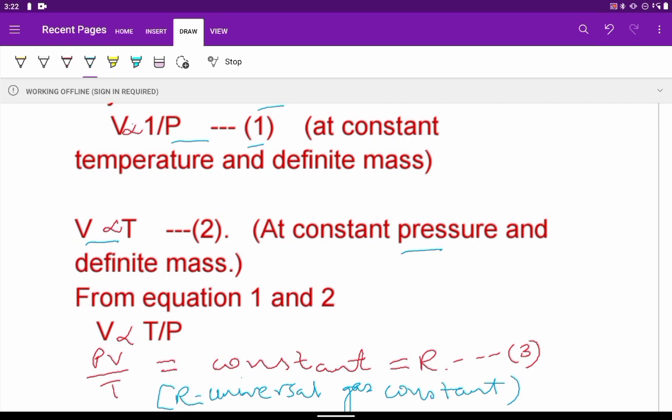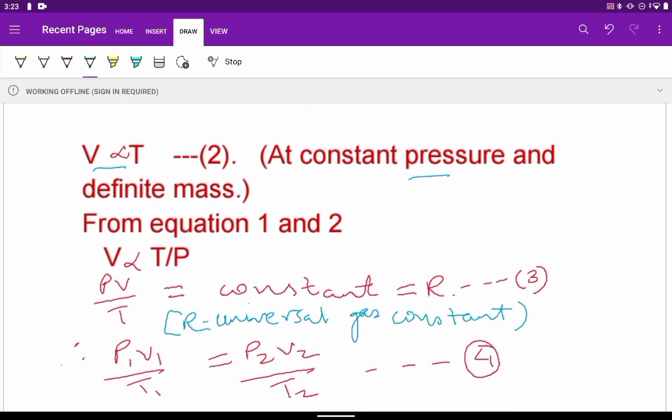Combining both these equations, we get V is directly proportional to T by P. Or we can say that PV by T is a constant, we can just cross multiply. So PV by T is a constant, and this constant is equal to R, that is the universal gas constant. So PV by T is equal to R, that can be stated as equation number 3.